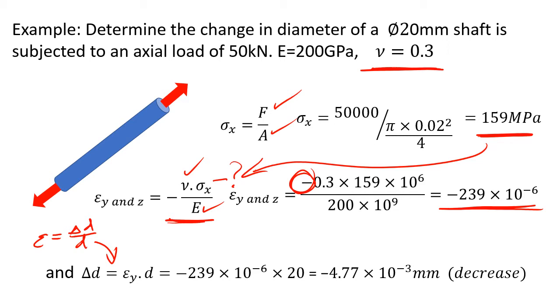So our strain that we've just calculated, 239 times 10 to the minus 6, times, and this is done in millimeters, 20 millimeters, gives us a very small change in diameter, minus 4.77 times 10 to the minus 3 millimeters in terms of the decrease in diameter. So hopefully you followed all the way through that, and we'll move on to the next slide.